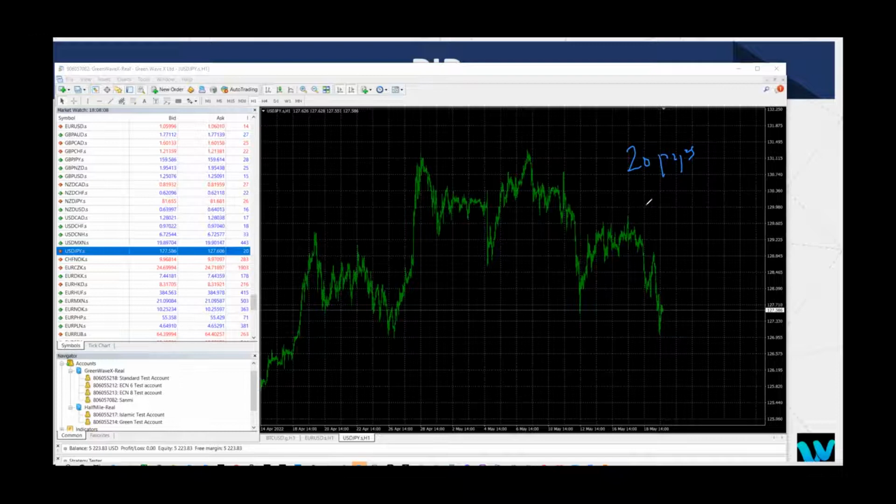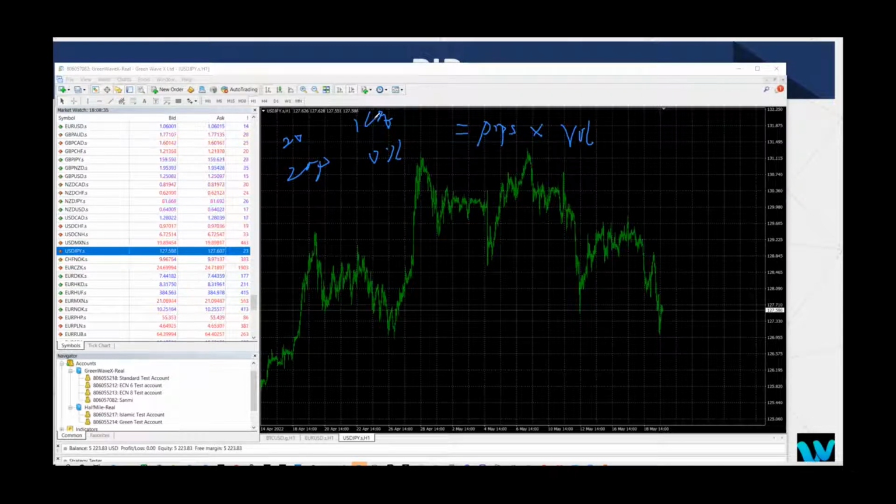What is going to determine how much you win or how much you lose are three things: the number of pips that you make or lose, whatever the case may be, multiplied by the volume of your trade. Because if you make 20 pips and I make 20 pips, if you use one lot and I use 0.1 lot, you're going to make more money than me.